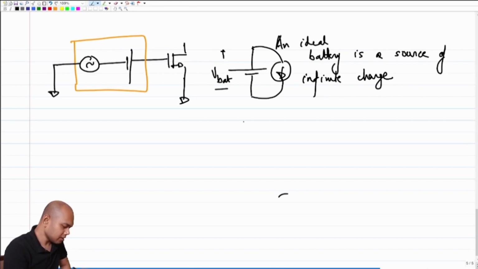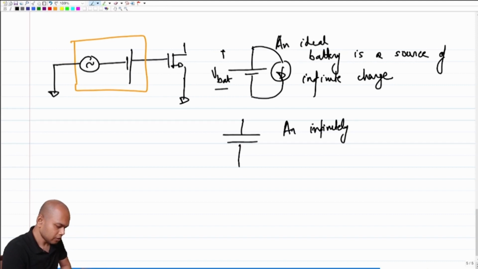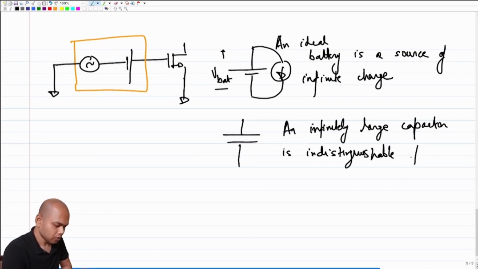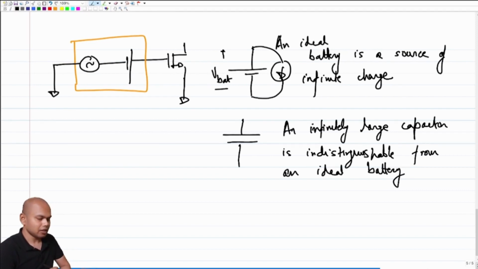A capacitor, an infinitely large capacitor, is indistinguishable from an ideal battery, right?